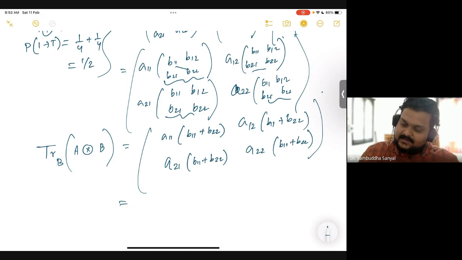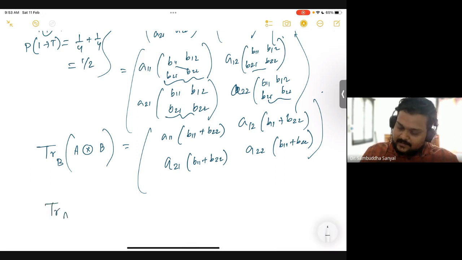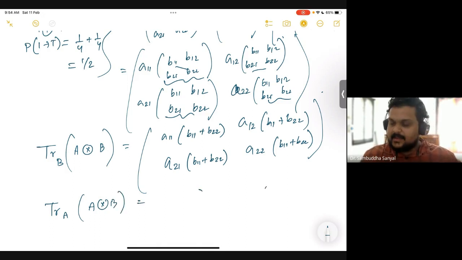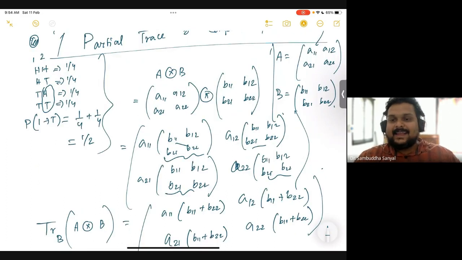So this is this quantity. Similarly, you can do the same thing by summing over the A part. So we will use this idea to extract the density matrix of one subsystem.